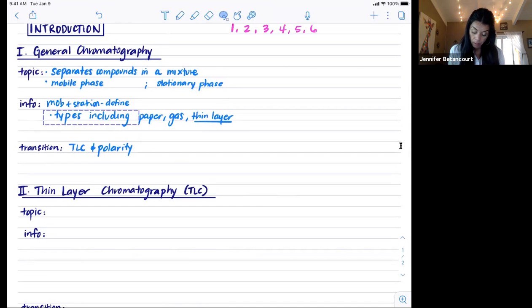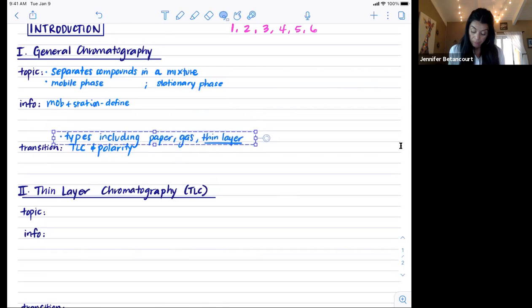This might be used to write your transition sentence, and I think most of you alluded to that, which is totally fine. So it looks like you have a sentence here.